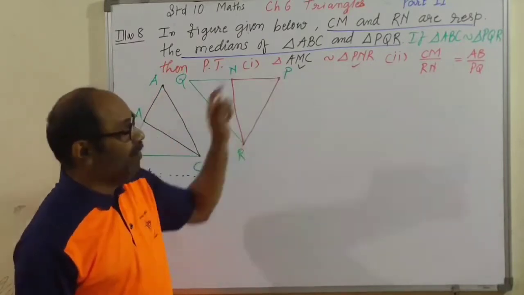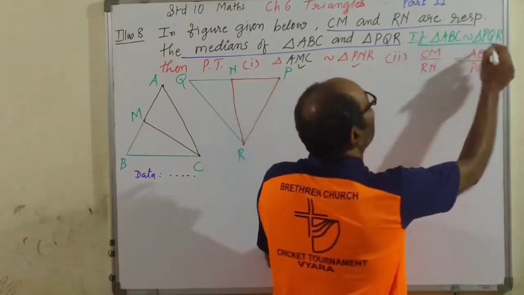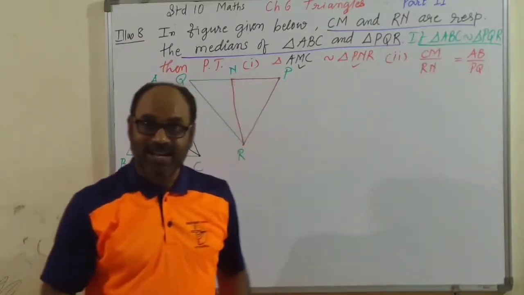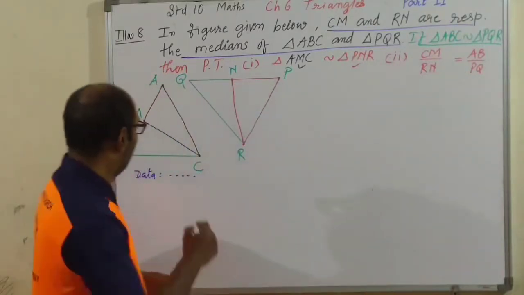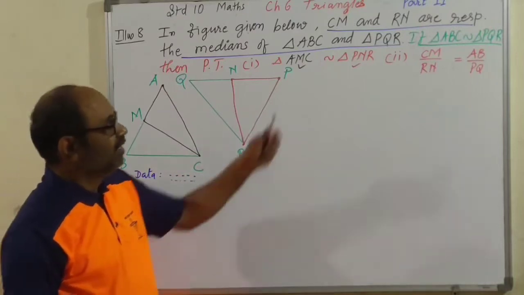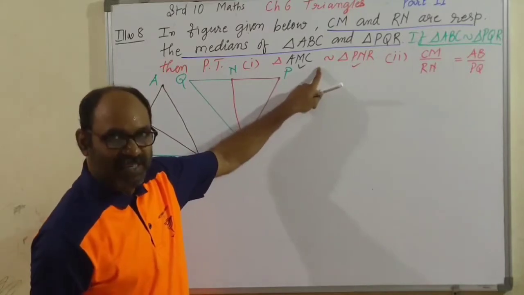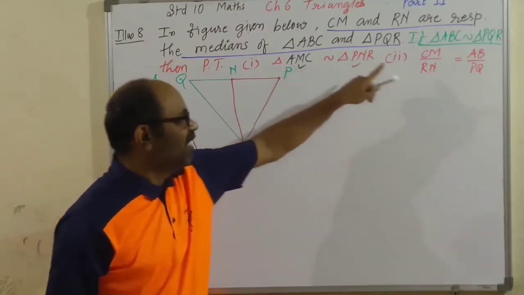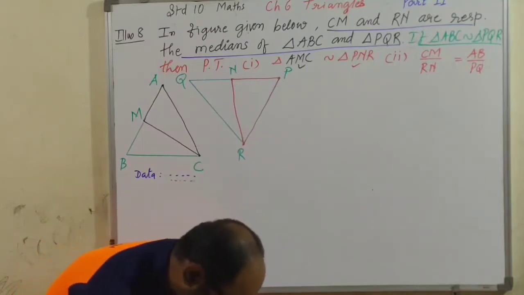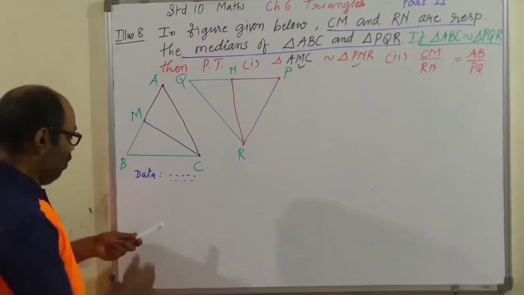That is given, what I have underlined in blue. Now what I underlined in green is also given. If triangle ABC is similar to triangle PQR, that is also given. So there are two things in data. To prove, I'll keep it here: one this and second this. Is that clear to you? Fine. Now, proof.